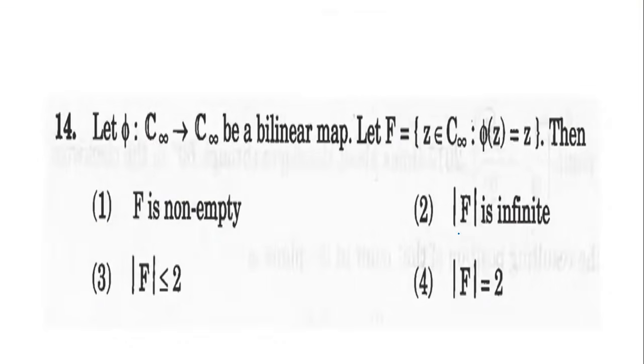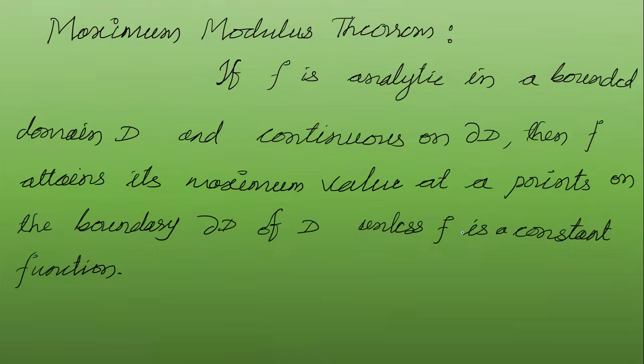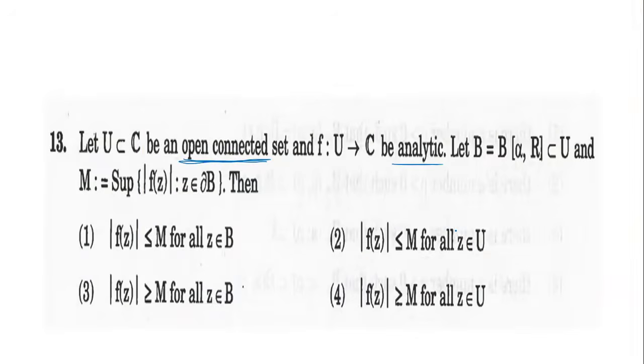Now see the statement. f is bounded on the domain D. Here, this function attains its maximum value on the boundary, but the whole function is analytic on domain D. Therefore, option 2 is the right answer.